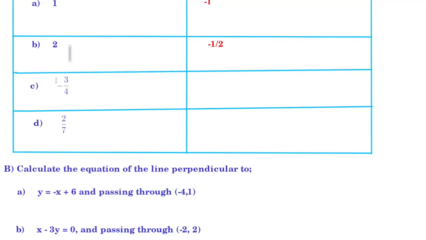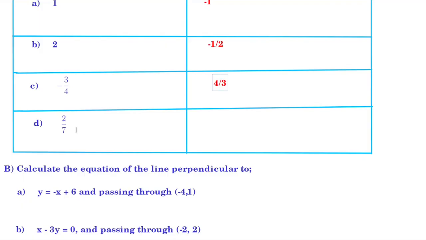Next question, number C. What number can be multiplied by negative 3 on 4 to get negative 1? That's the negative reciprocal of that. Now the negative reciprocal of negative 3 on 4 is positive 4 on 3. Next question, 7 on 2.